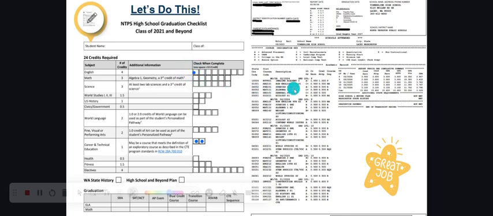They took Spanish for half a credit, so that's down here in World Language. They took Algebra 1, that's in Math. They took General PE for half a credit, that's down here in Fitness. They also took Biology. Then we're going to go to Semester 2.